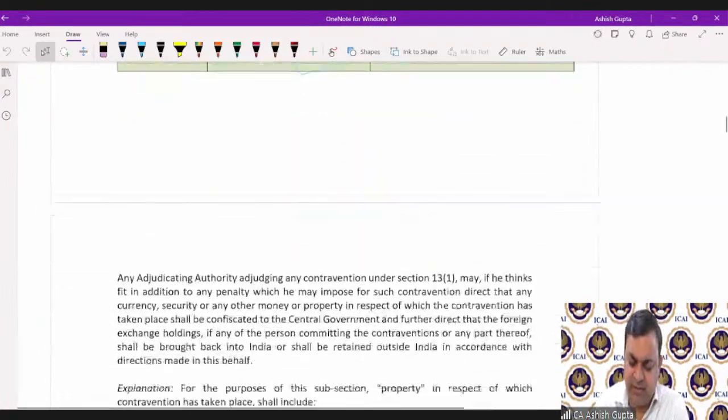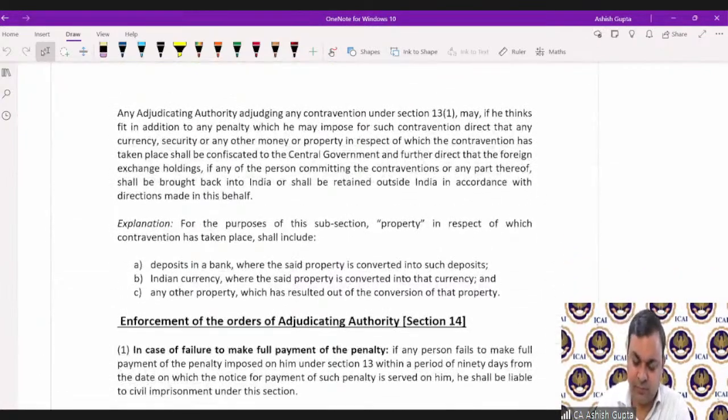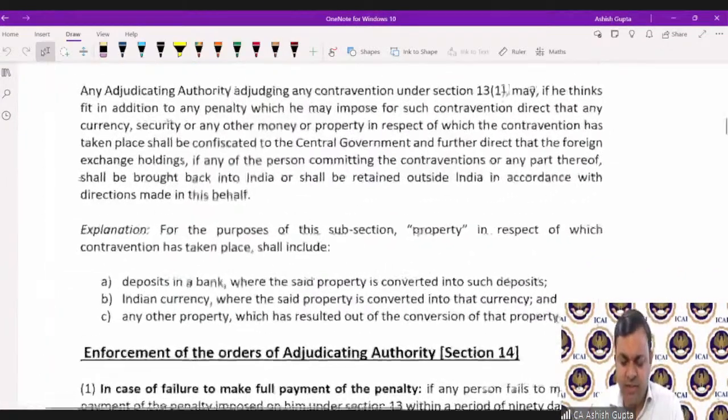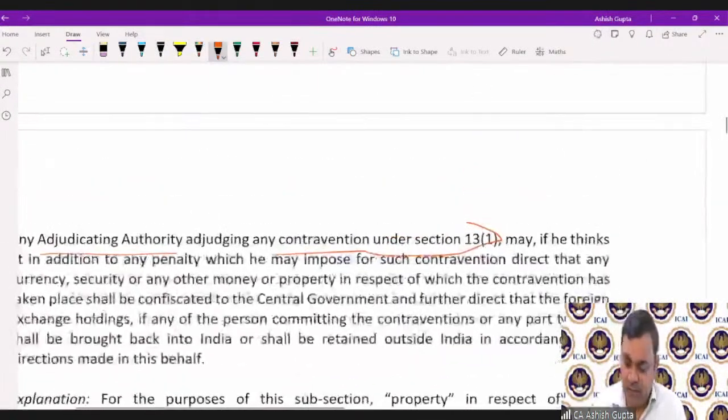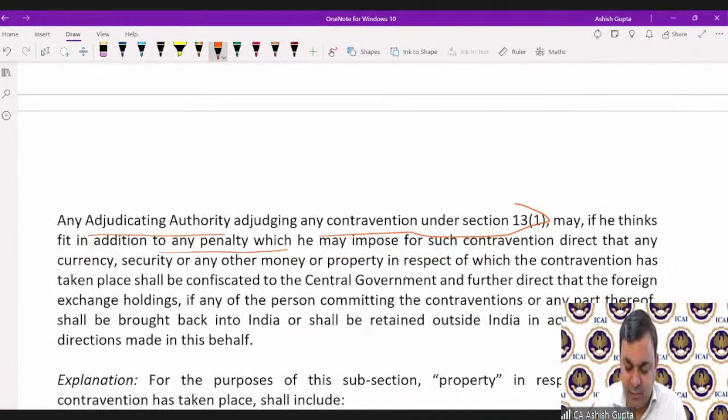Okay, so this is the section 14 and 16 adjudication part. An adjudicating authority adjudging any contravention as committed in section 13 may, if it thinks fit, in addition to the penalty which it may impose, direct that any currency, security, or any other money or property in respect of which the contravention has taken place be confiscated to the central government.